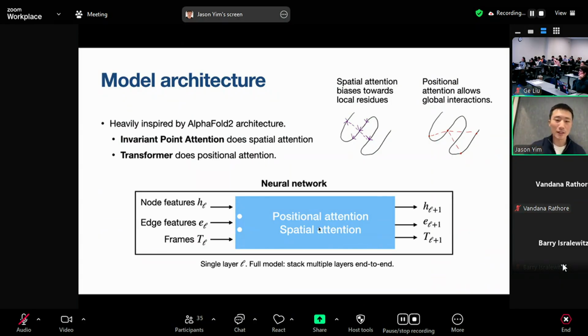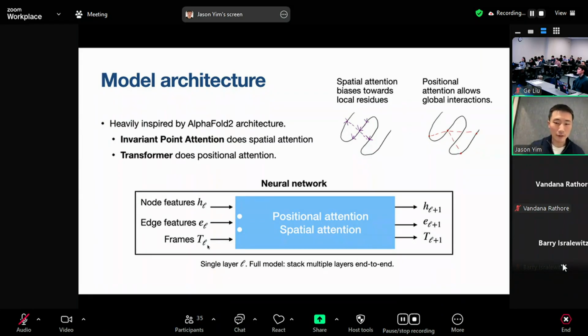I'm not going to draw the wiring diagrams because it's going to be too much to understand in a lecture. But in the neural network, we always have these node features, which also include the time embedding and the positional encodings, and then also these edge features, which capture how far two residues are from each other, both geometrically and relative to their positional indices.